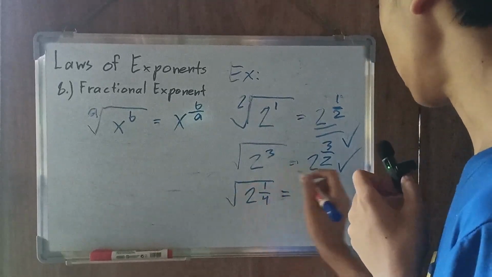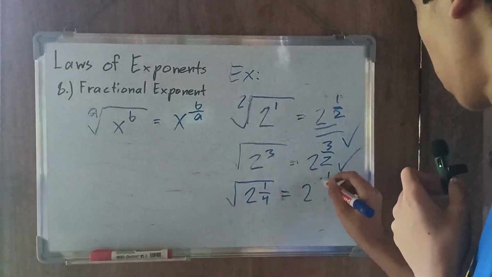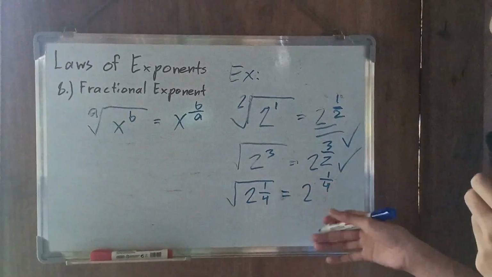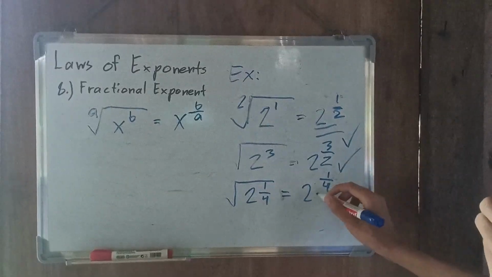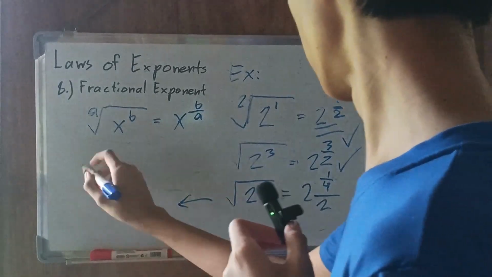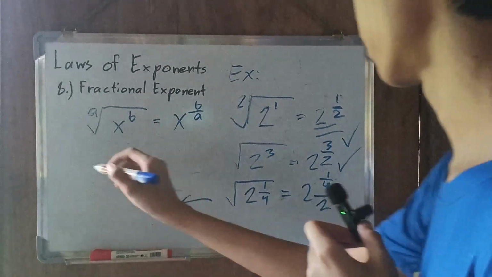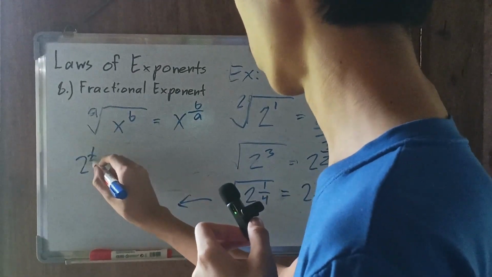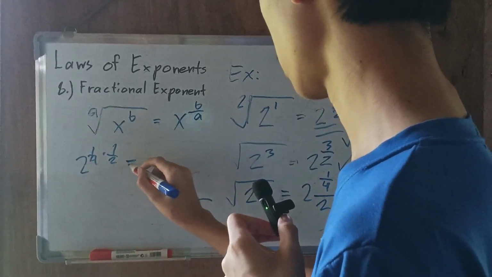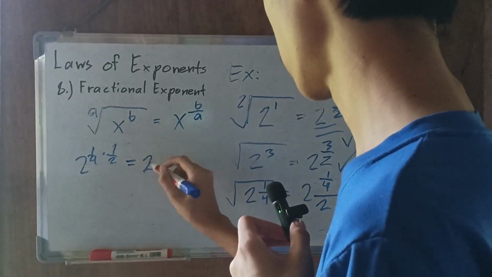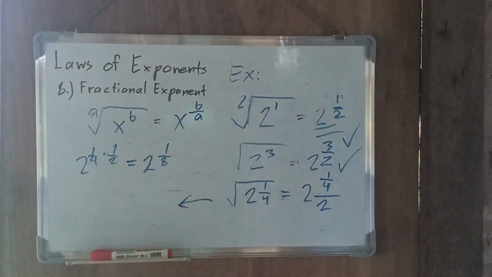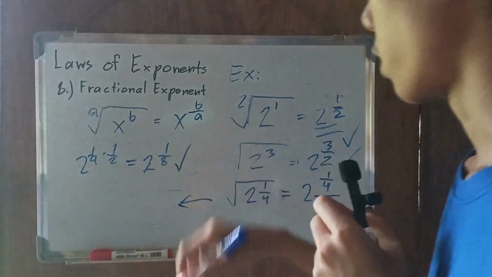This means 2 raised to 1/4 over 2. If you convert this to 1/4 times 1/2, it equals 2 raised to 1/8, and that is your answer.